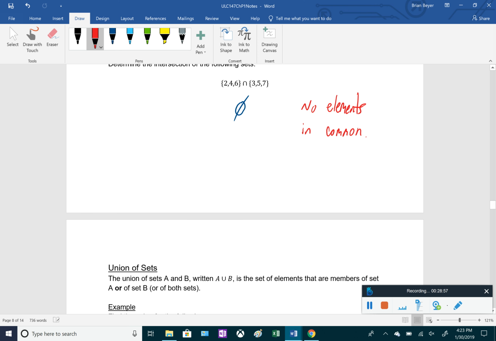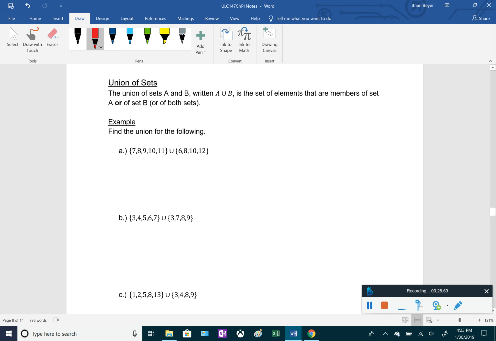Okay, so that's intersection. The next thing is the union of sets. The union of sets A and B, two sets A and B, we use the little cup notation, looks like a U for union, is going to be the set of elements that are in A or in B. So it's what is in both of the sets essentially.